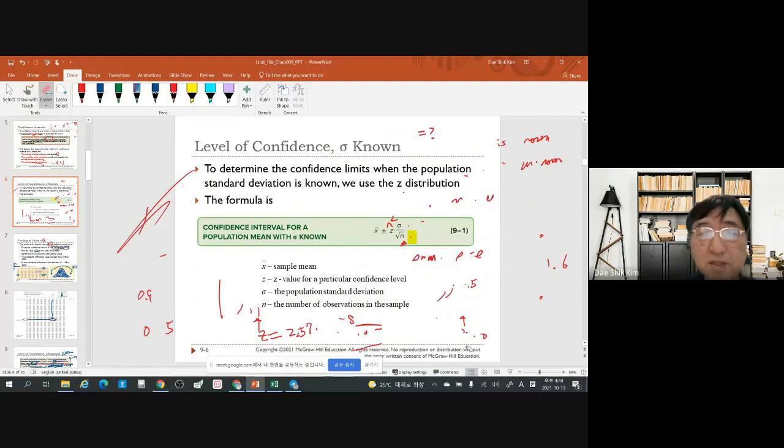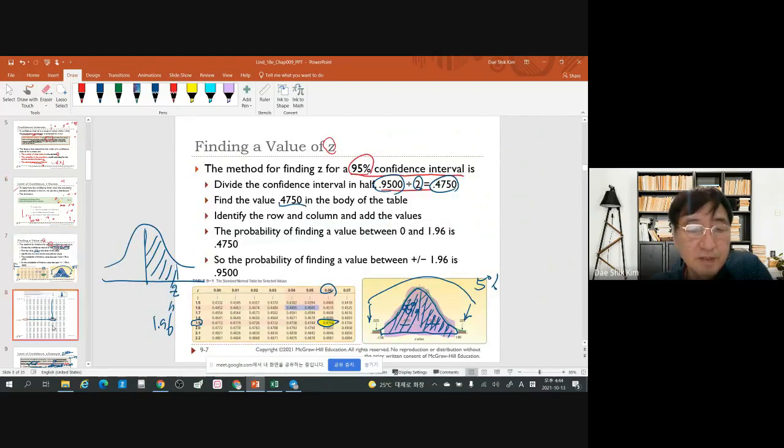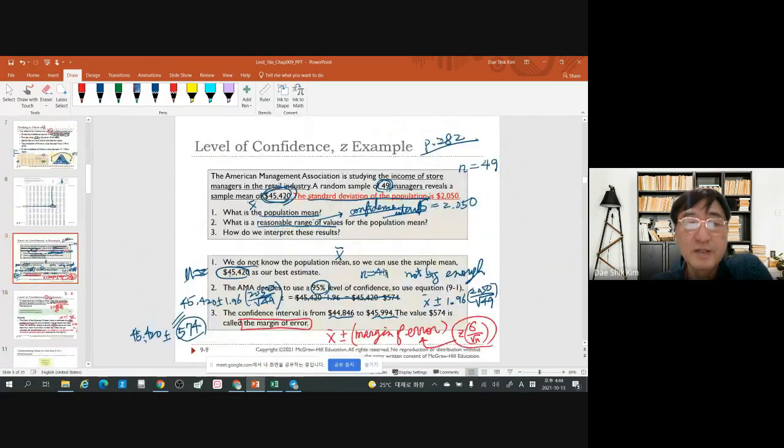I erase everything. Okay. Here and here. Example was here. This example I have solved using Excel.